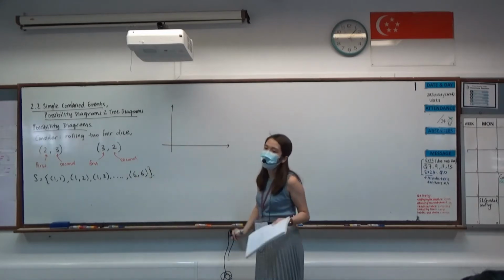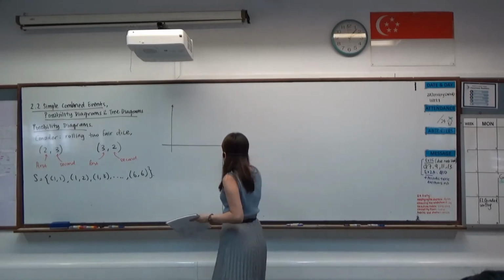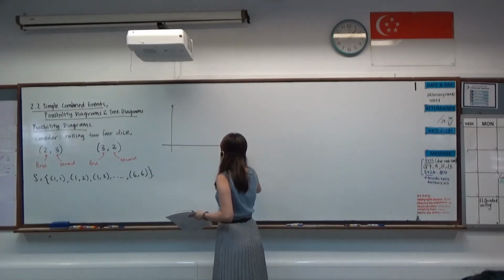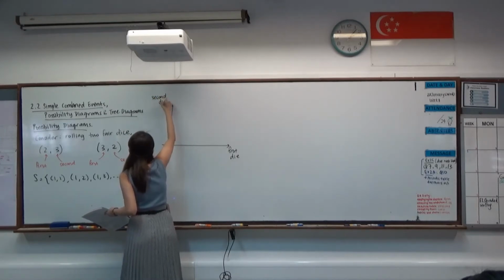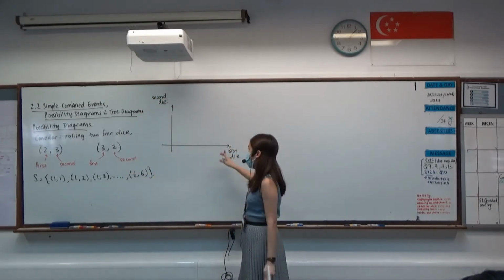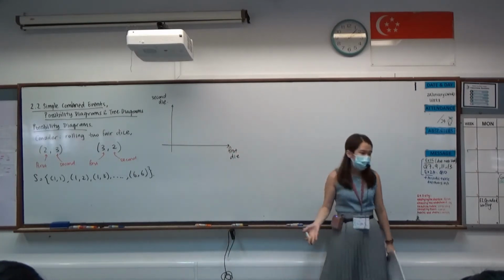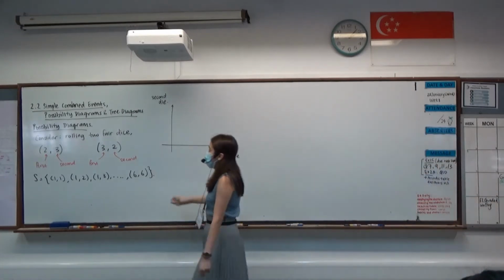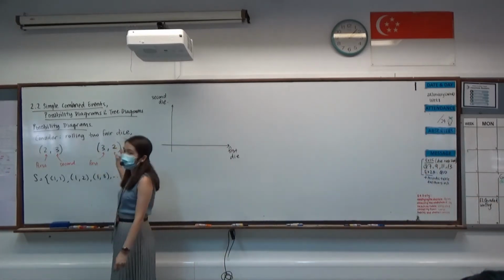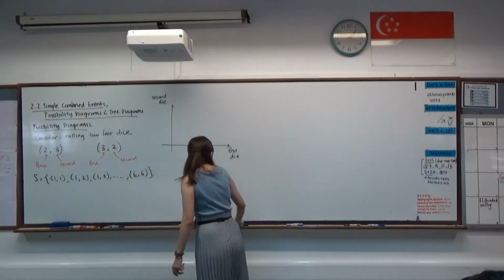I will have to draw our normal x and y axis, but we will label them as first die and second die. It doesn't matter where you label it. You can label first die over here, second die over here; that's perfectly fine as well. But since we are going by the definition of a coordinate system with x, y, we will have first die here, second die here.